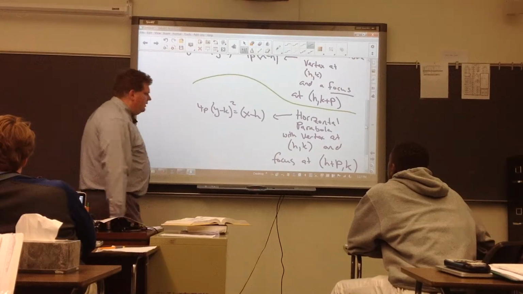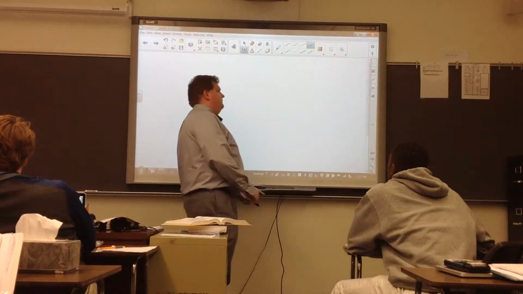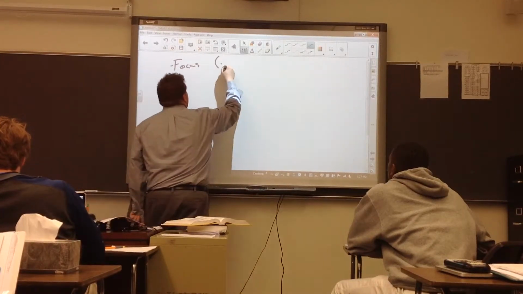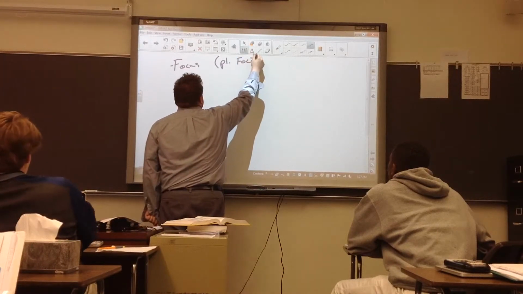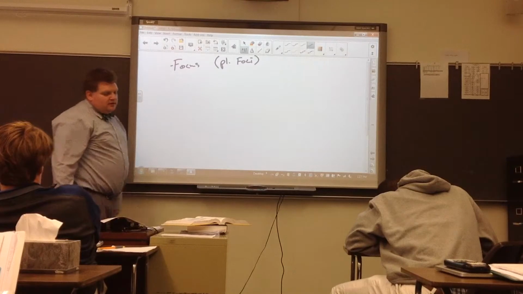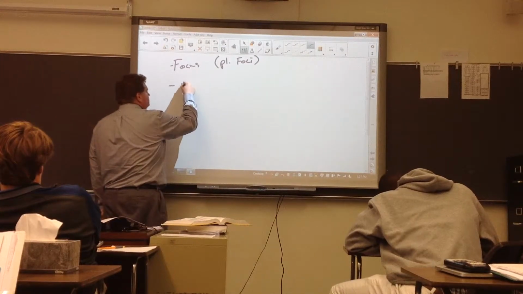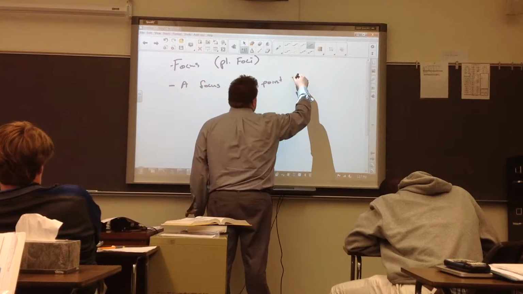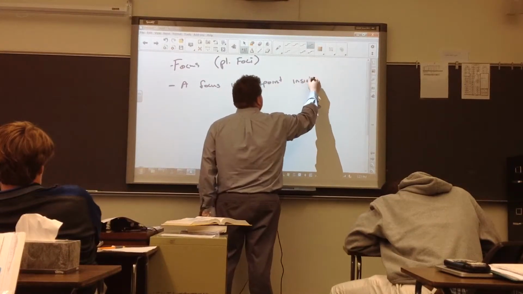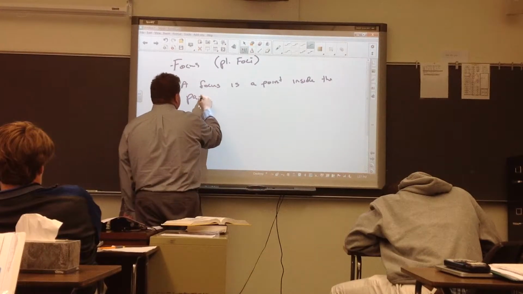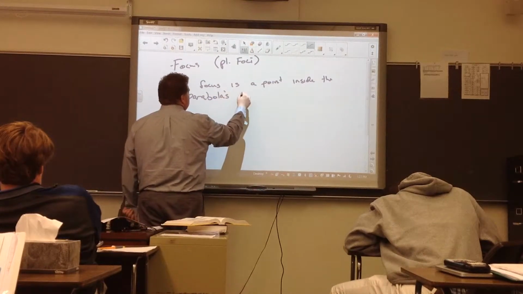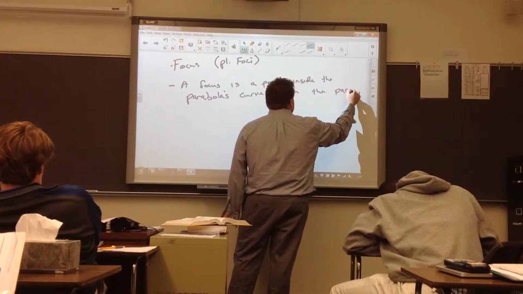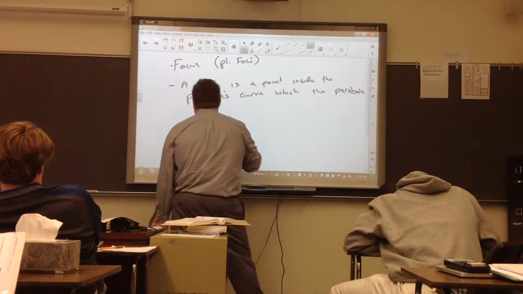Okay, let's talk about focuses and what all this means. The plural of focus is foci. Basically, a focus is a point not on the parabola, but kind of inside the parabola, which the curve bends around, if you will.